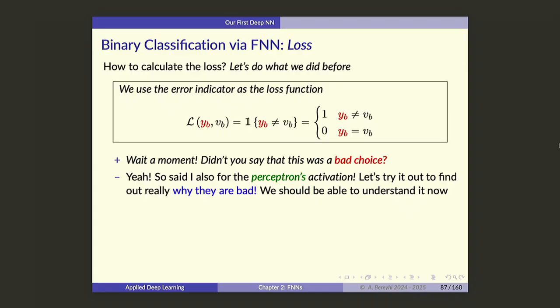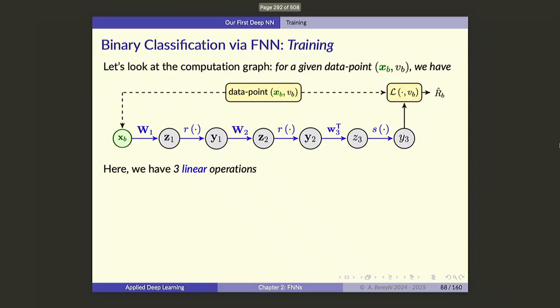I told you they are bad choices, and now, since you know what backpropagation is, you clearly see why they are bad choices. So let's take a look at this together. I used to be a very bad person and do it step by step for the students. I'm not going to do this. I keep it in the slides if you are interested to see how the forward pass and backward pass exactly look on this architecture.